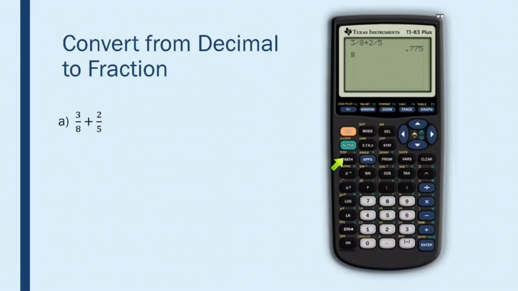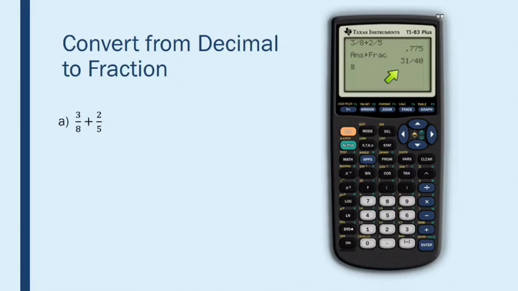All you need to do is press the math button, which is the third button in the first column. And the first choice there is convert to fraction. That arrow means convert to. So the first choice here is convert to a fraction. So we press enter, and you can see that it is offering to take the answer and convert it to a fraction. So if I press enter to execute that command, I can see that the result of that addition is 31/40.